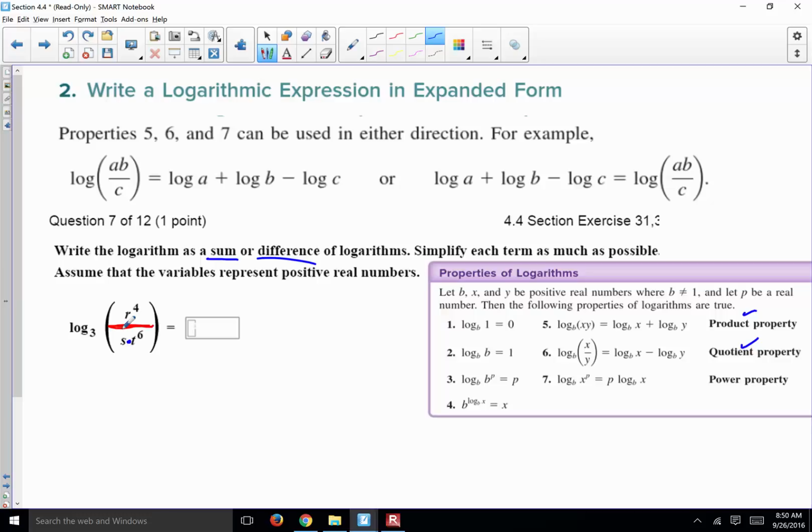Which one would you do? Come on, give me an answer. Choose one. Product or division? Division first. First separate top and bottom.